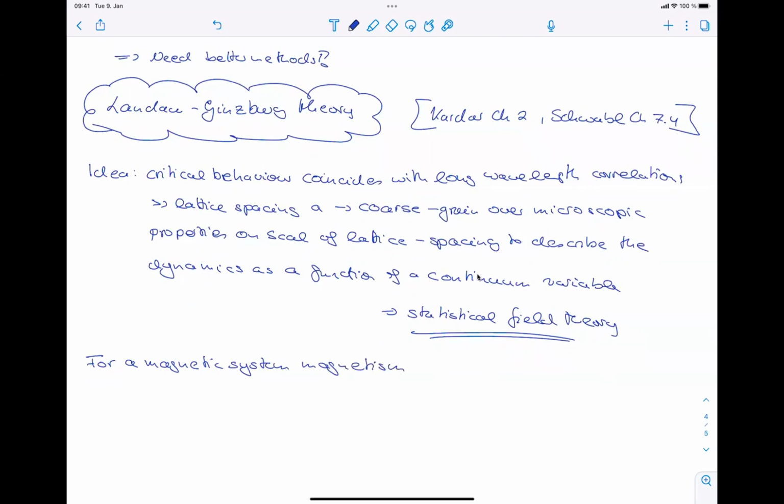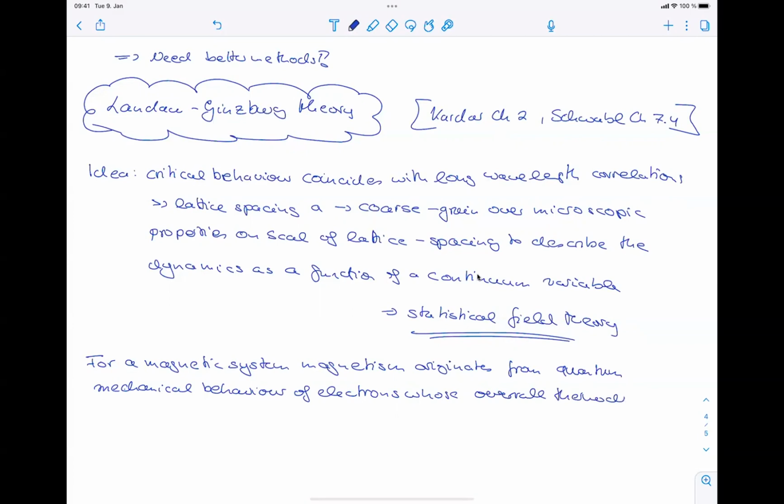magnetism originates from quantum mechanical behavior of electrons whose overall thermodynamic behavior we want to describe.